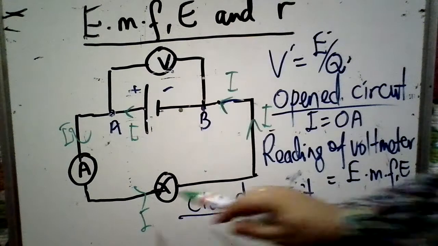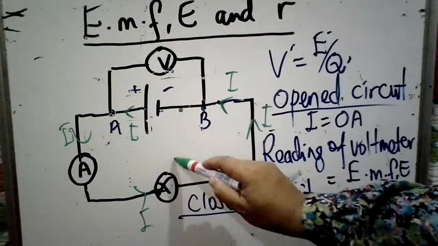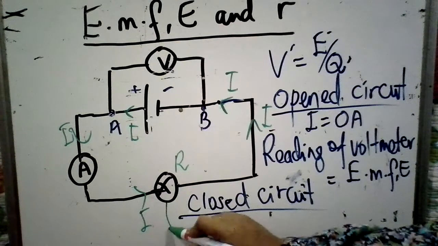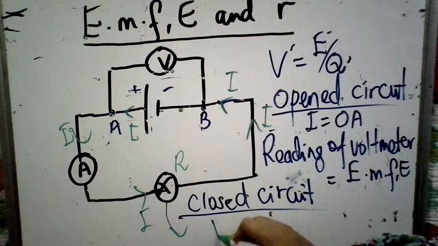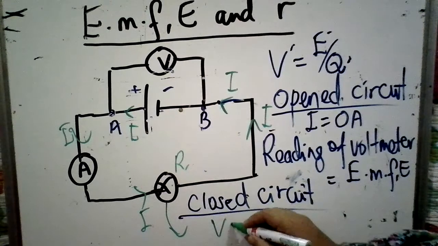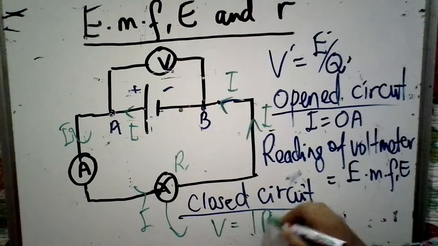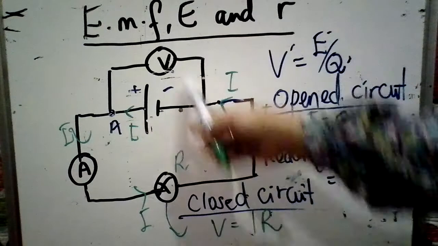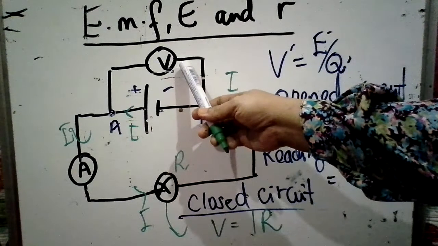Once the current flows through the bulb, let's say the resistance of the bulb is R, there will be some of the voltage used to overcome the resistance of the bulb. So V equals IR. So the voltage is supplied by the battery.